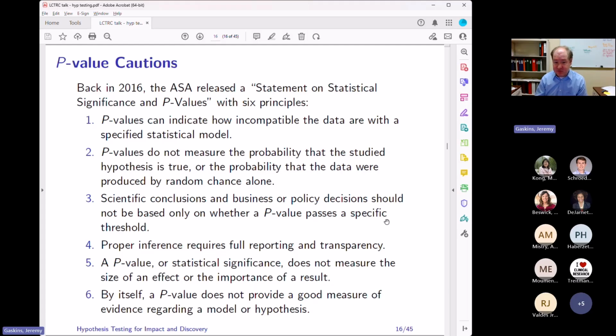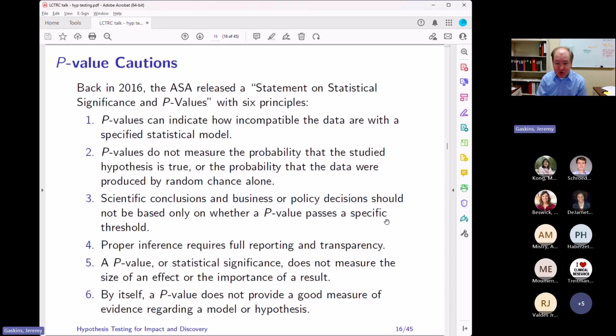Number 3, the ASA would encourage that scientific conclusions and business policy decisions should not be based on whether a p-value passes a specific threshold. I think the addendum that they didn't specify is that manuscript acceptances shouldn't be based solely on whether the p-value passes a specific threshold as well.